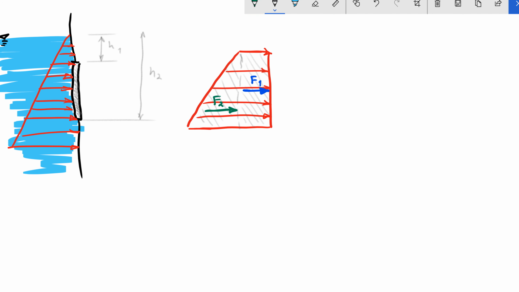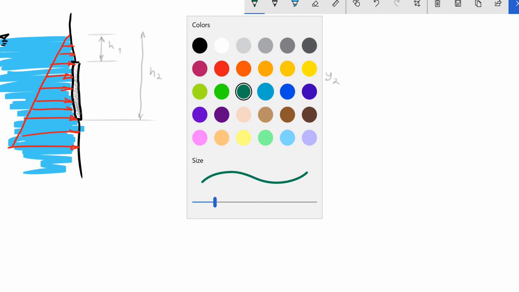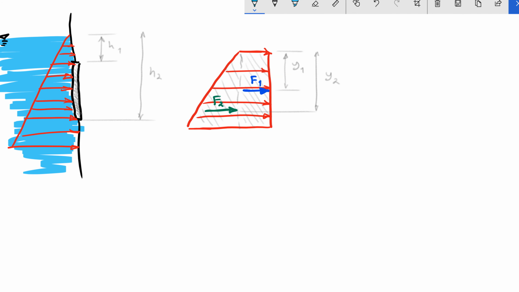Let's add some dimensions. Let's call this one Y1, this one Y2, and finally we are going to have a resultant force. It should be here, for example, and I'm calling it FR, the total resultant force, and that height we are going to call YR.